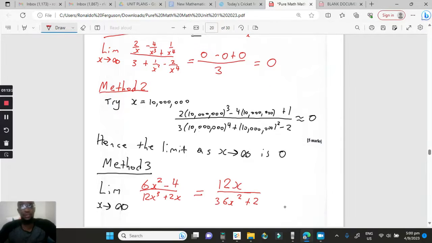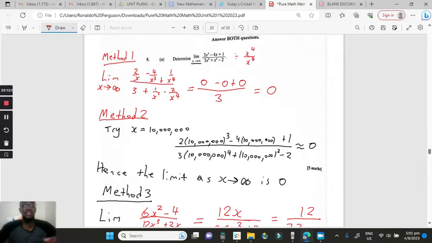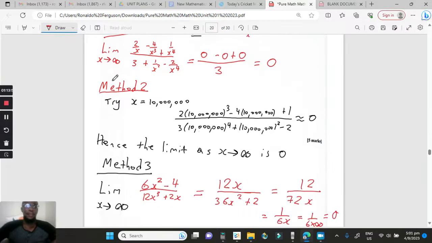Still infinity over infinity, so we differentiate again to get 12 over 72x. Now plug in infinity, or realize 12 over 72 is 1 over 6x, which is 1 over 6 times infinity. 1 over infinity is 0. So that's another way you can do it. Just know that the answer is 0.